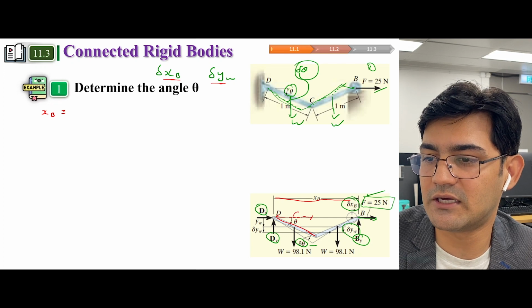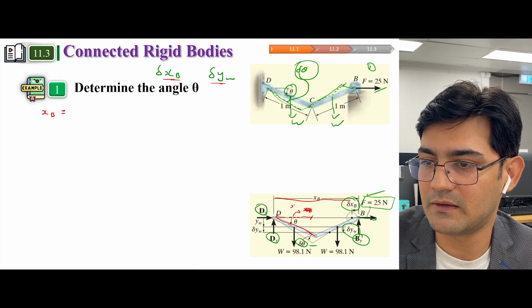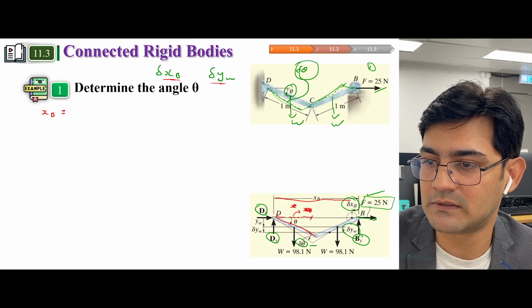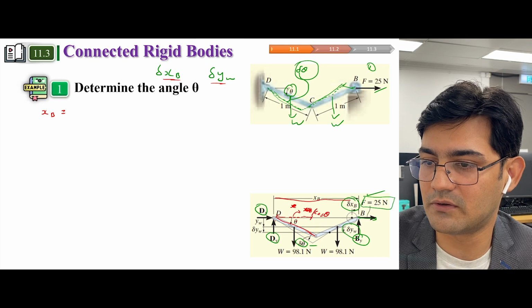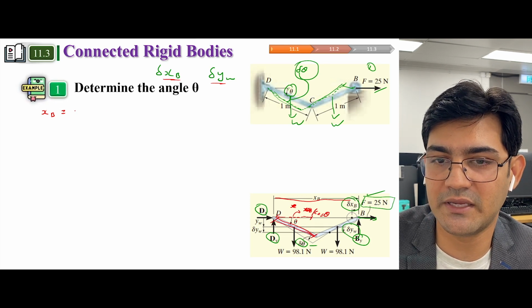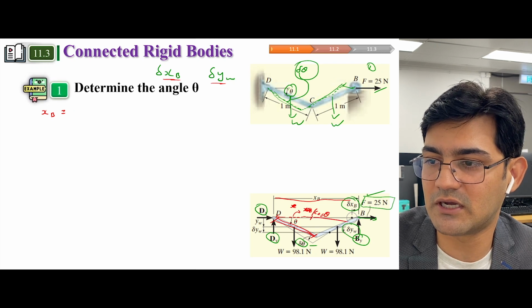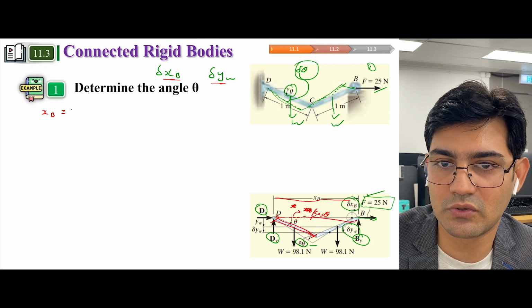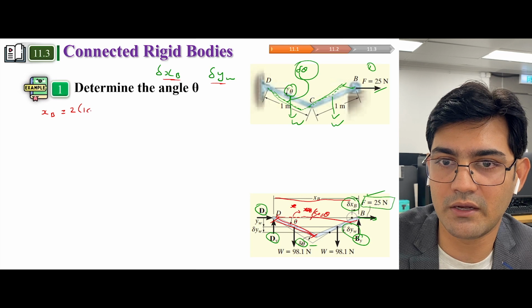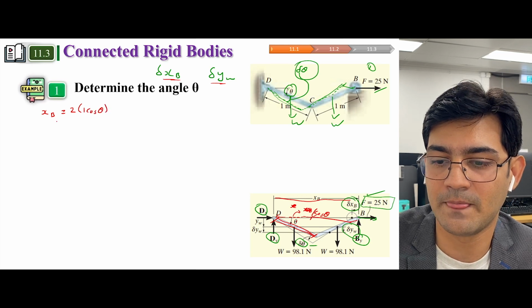So this is theta, so this would be x, so this would be cos of theta times 1, because this distance is 1 meter. So xb is, since these are 2, 2 times 1 times cos of theta.